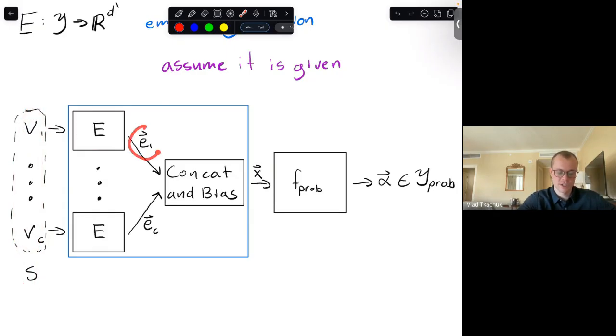That produces an embedding vector, each one of these in R^d prime. The number of them you produce is the number of tokens in your input, let's call that C. Then you concatenate all of these vectors, and add one bias vector, or one bias index. And then you get your input vector.